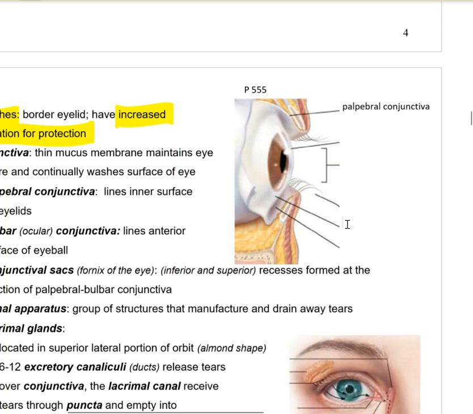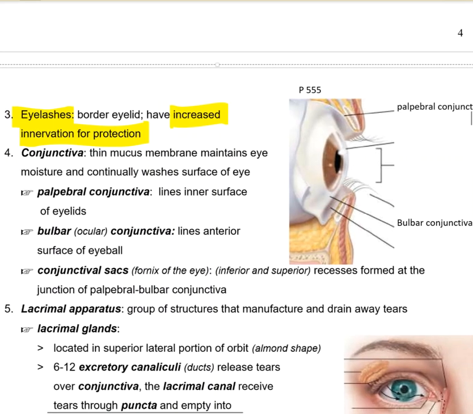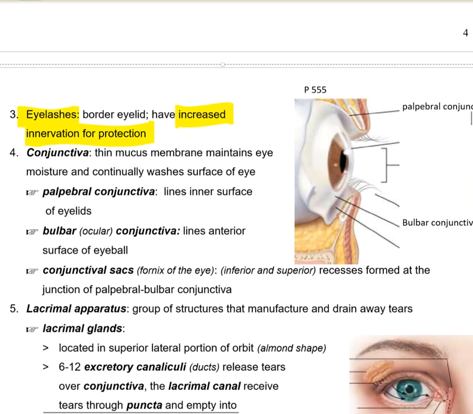Then the bulbar or ocular conjunctiva is the part that is lining the anterior surface of the eyeball, the white part that you're seeing. Okay, so that's those two that we see there.